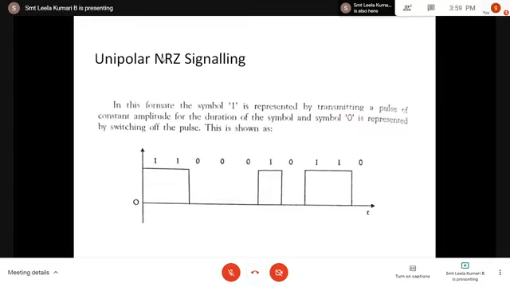Since it is non-return to 0, after completion of the pulse duration it will not come back to the 0 value. It continues. Since there are 1 and 1, the pulse is continued here. It will not return back to 0. And symbol 0 is represented by switching off the pulse. So this is the unipolar non-return to 0 signaling.